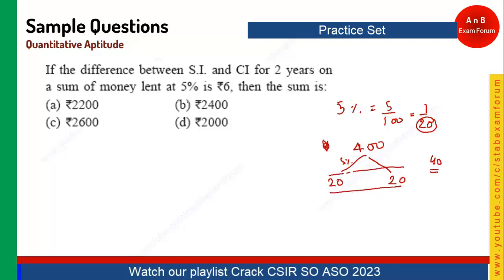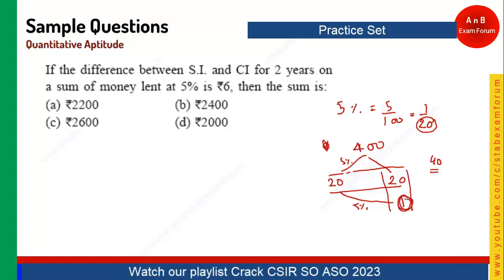But we need to find out the sum, and the difference they have given is 6. For the next year, the compound interest will be again 5% of this 20, which is 1 rupee. This portion is your compound interest, and this is the difference.